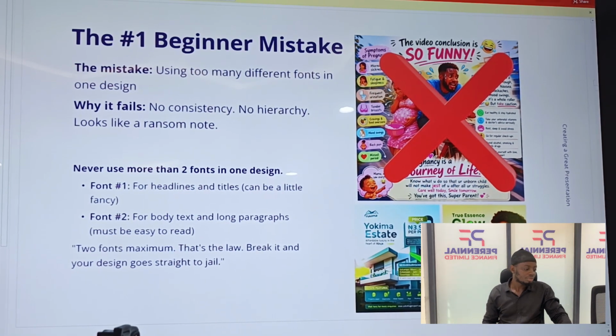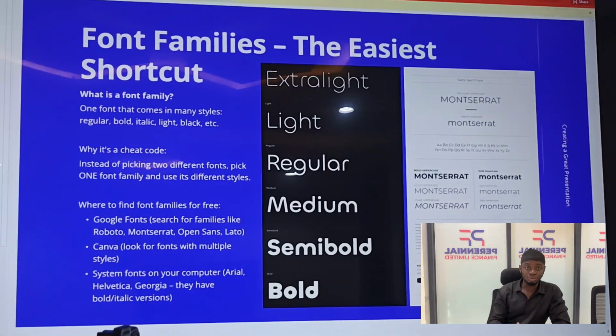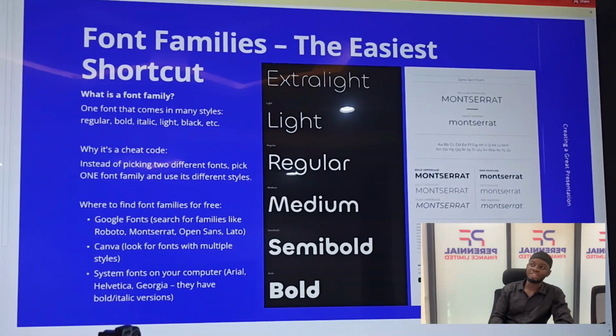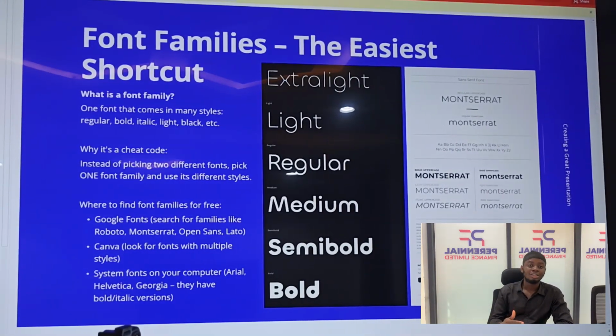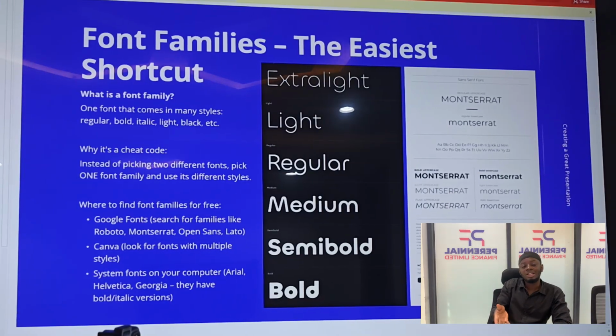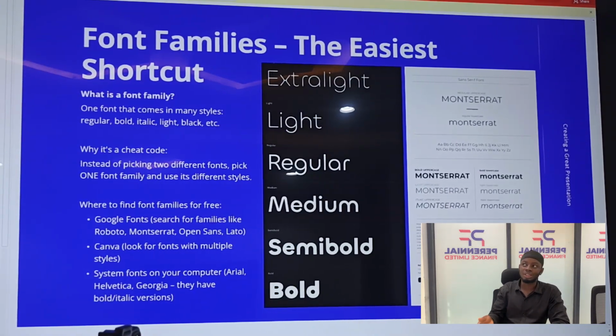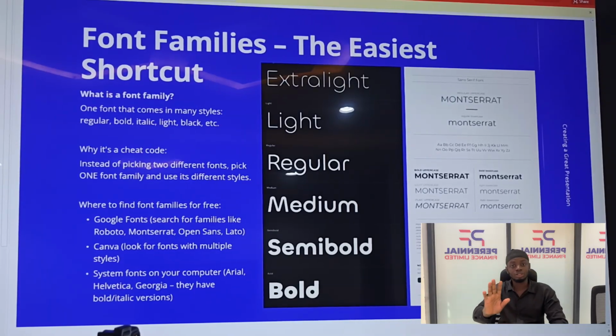So we have some things we call font family and typeface in design. Typeface is the font family. Typeface is the family, and font is the children under the family. Now, for example, I know you get confused a little here.